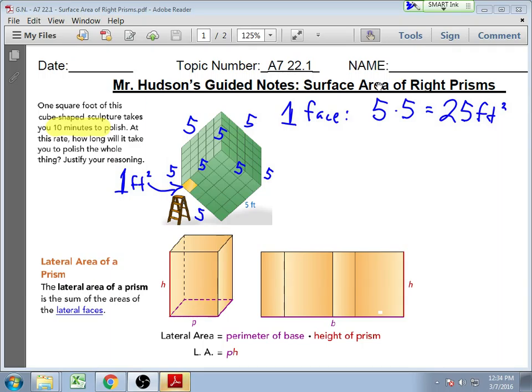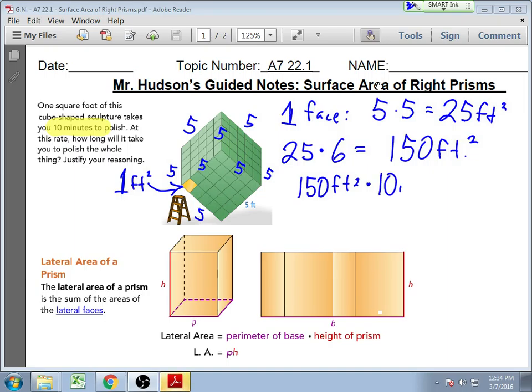Well, if one face is 25, I then take that 25 and multiply it by 6, because there are actually 6 identical faces on the cube. That gives me 150 feet squared as the total surface area of that cube. And I know that every foot squared is going to take me 10 minutes. So I'm going to multiply that by 10.